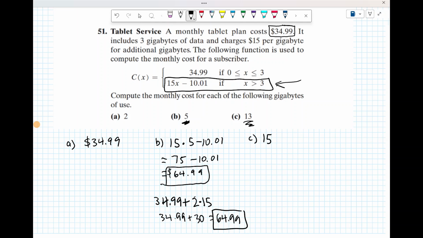We're going to do 15 times 13 minus 10.01. 15 times 13 is 195, minus 10.01 is going to be 184.99. All right, so that's how we use piecewise functions in this scenario.